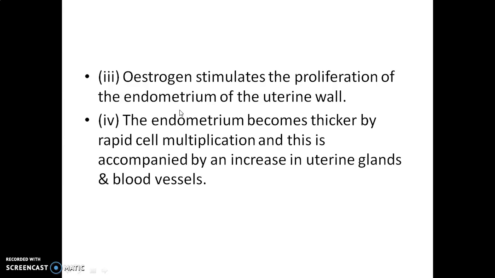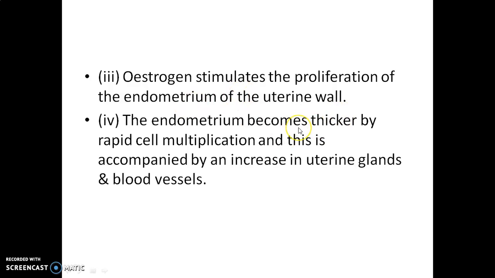The estrogen produced stimulates the proliferation of the endometrium of the uterine wall. After the menses, the endometrium gets degenerated, right? So the proliferation of the endometrium takes place.